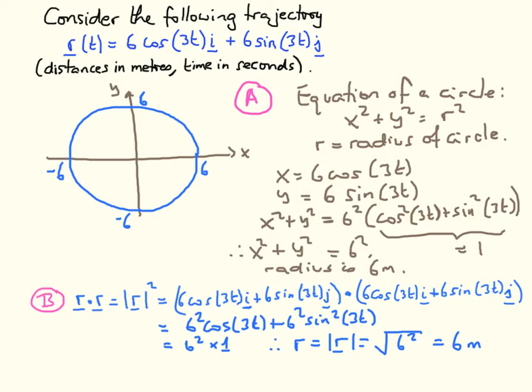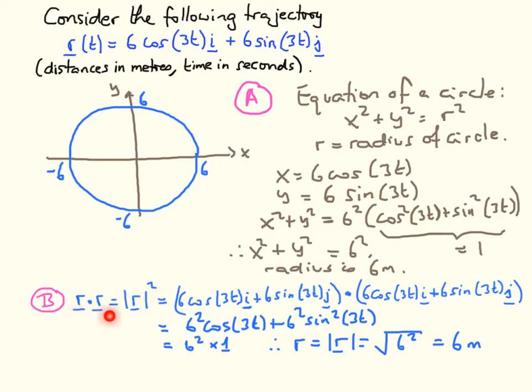A different way of calculating this would be to use vectors. We have the position vector given here, and if we take the scalar product of a vector with itself, we get the square of the magnitude of that vector.